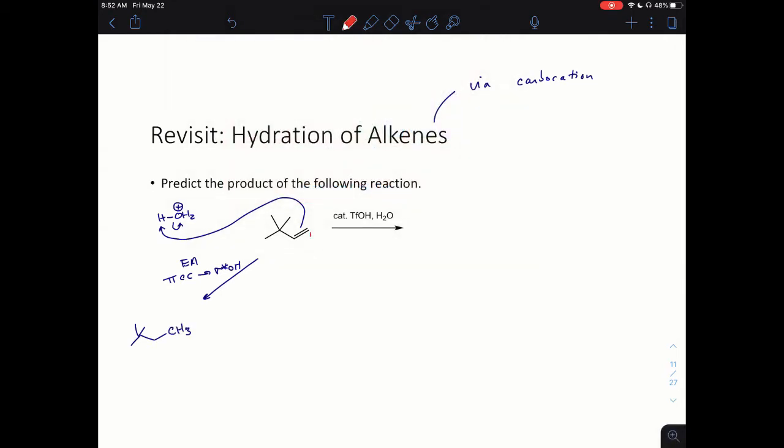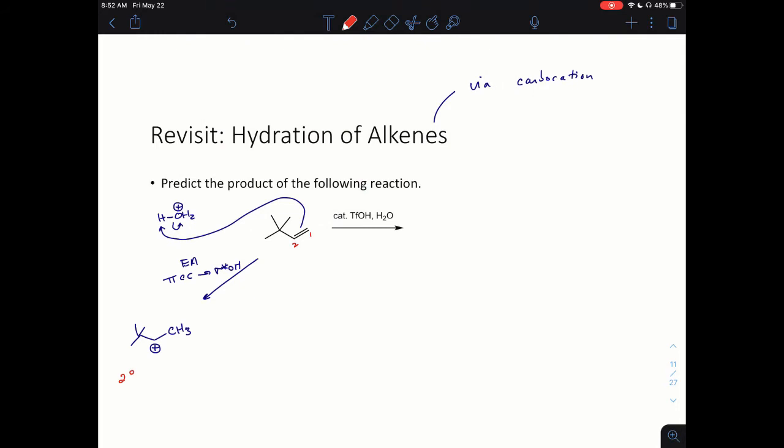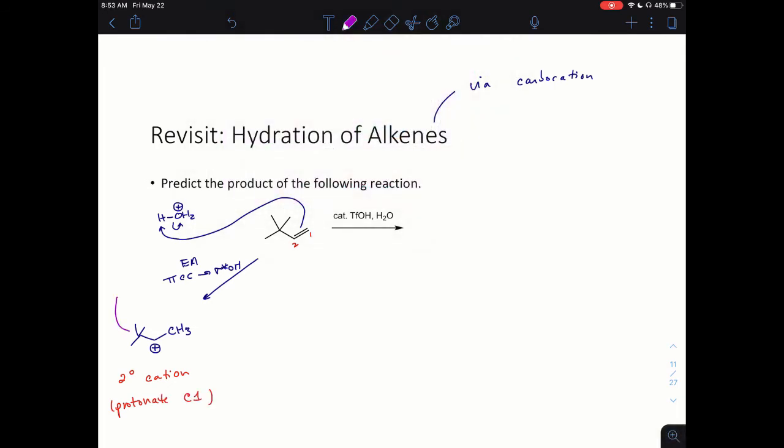C1 is protonated here because that generates the more stable secondary carbocation. Now we do notice, however, warning bells, that this secondary cation is adjacent to a quaternary carbon. So we should predict a carbon shift, a skeletal rearrangement.